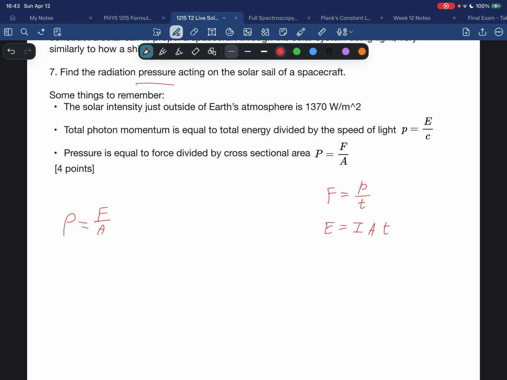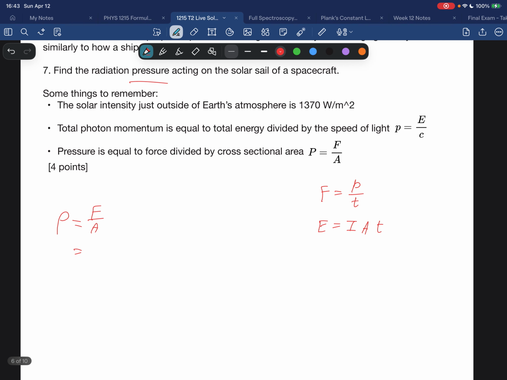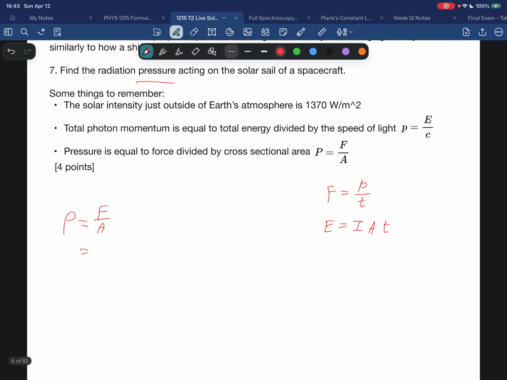Well, I don't know the area. I'm not told what the shape of this solar sail of a spacecraft is, so I can't say anything about the area, at least not right now. So let's leave that alone. However, I do know that force is equal to momentum over time.